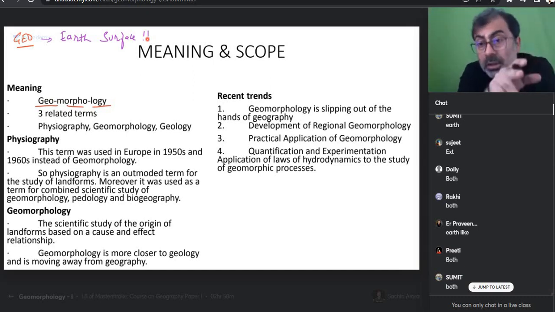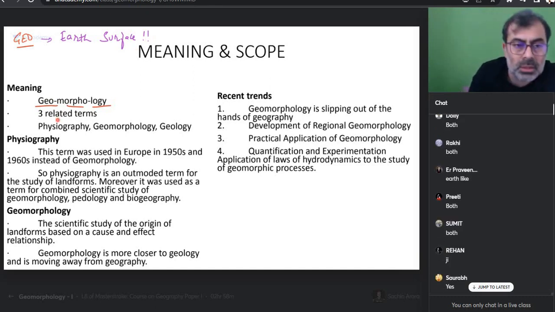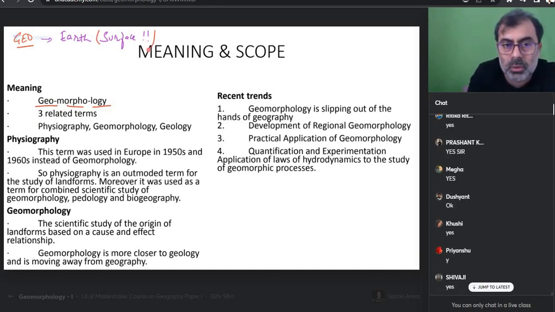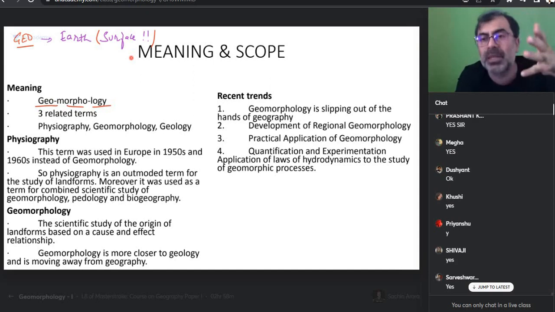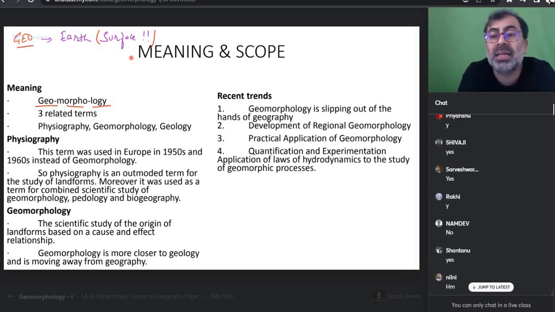In geology it will become earth's interior, just to differentiate. So surface, please don't get me wrong, Sachin sir said only surface, I'm putting it in brackets, my focus would be that. I am a geography teacher, but I'm explaining you a scientific concept. So should I behave like a geographer or a scientist? Geographer's science, that's what I'm saying.